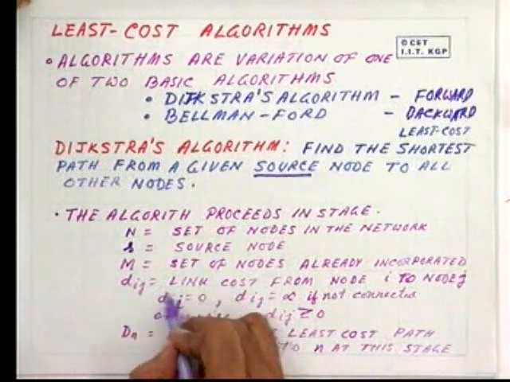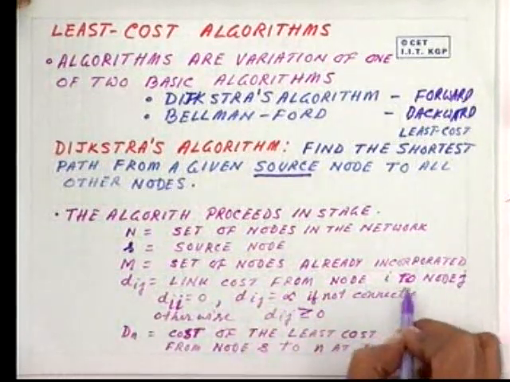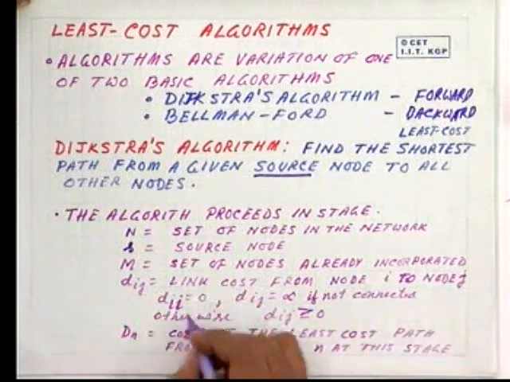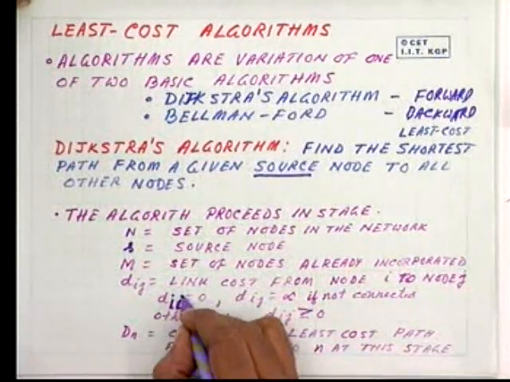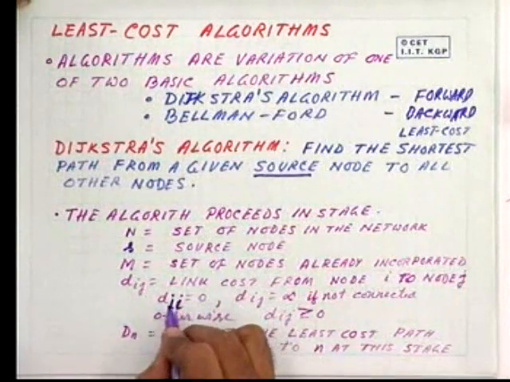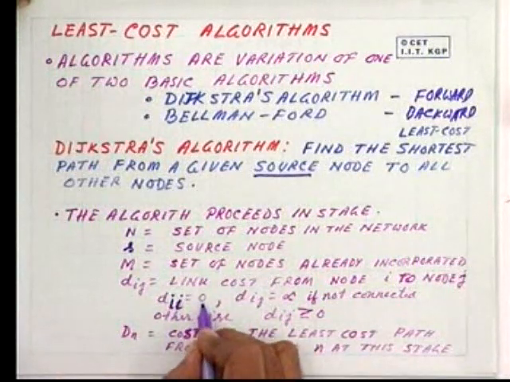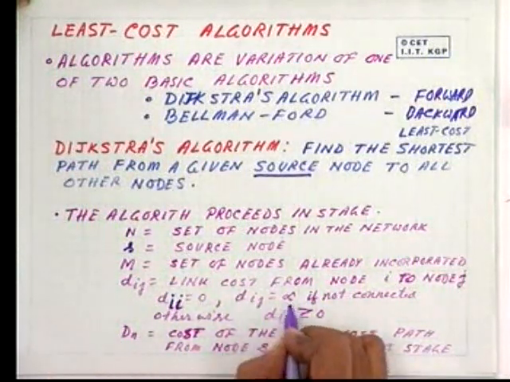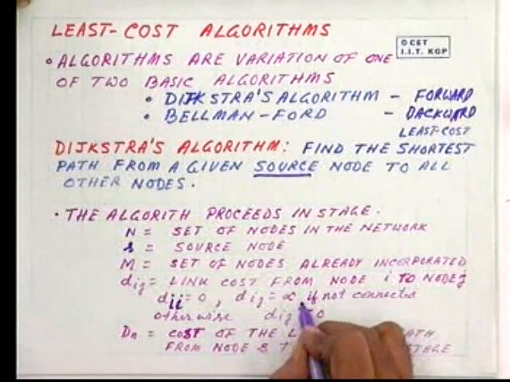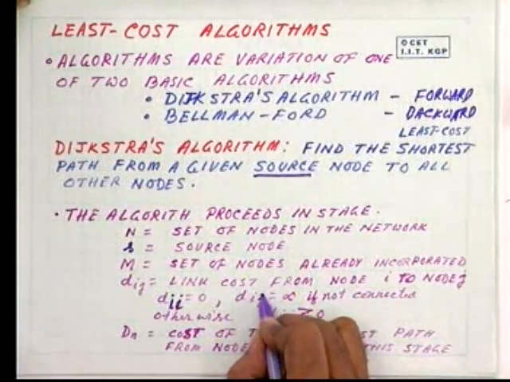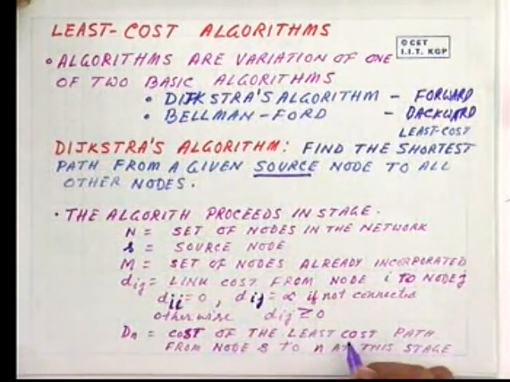And Dij is the link cost from node i to node j. Dii, that means the cost for sending to self, is 0, and Dij is infinity if the two nodes i and j are not connected.